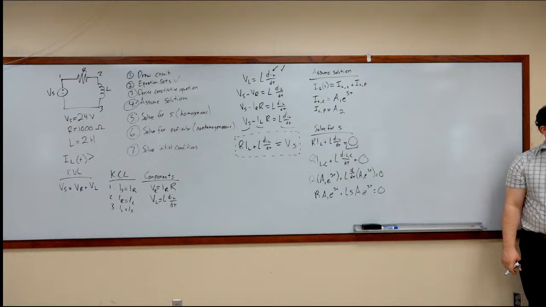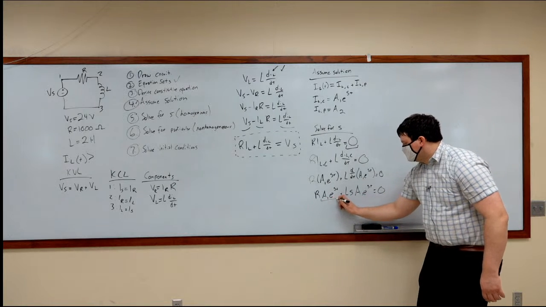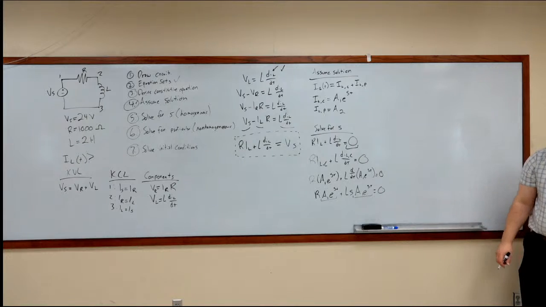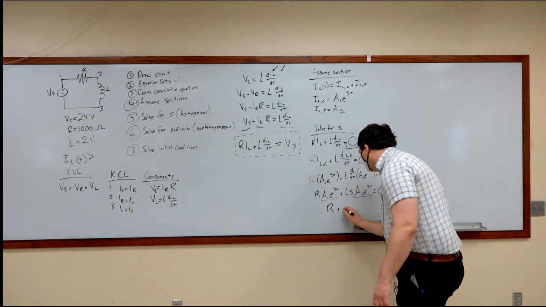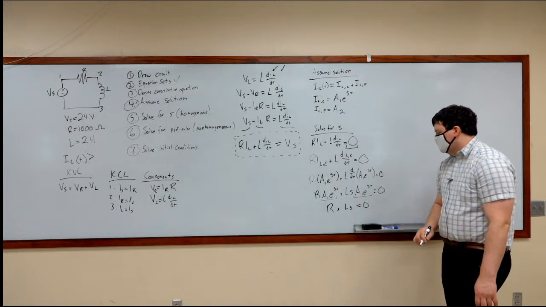We can simplify, just like in everything. How do we simplify? This is present in both sides. We can divide both sides by A1 e to the st. And what we're left with is R plus Ls is equal to 0.